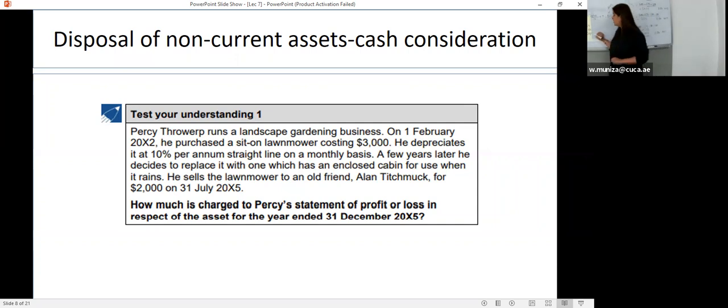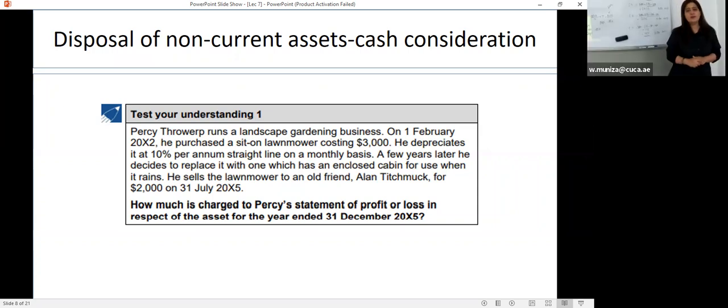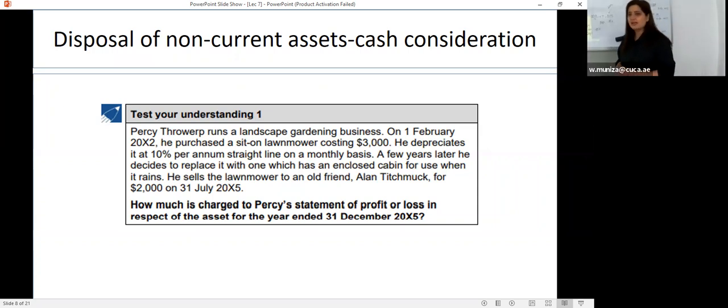How much profit will be going to the SOPL? How much is it, students? $50. This together with this will be going to the SOPL. $50 profit. What is the accounting entry for profit, students? Debit disposal account, credit profit on disposal account.